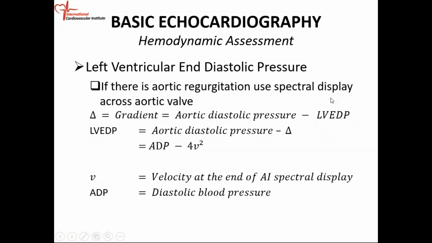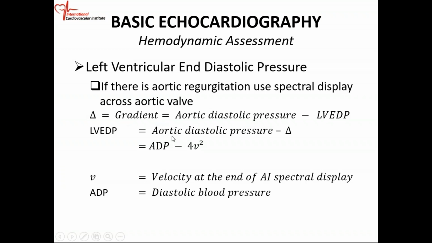Usually, this is what we can measure. This is what we can't measure. So if we rearrange the equation to get the left ventricular end diastolic pressure, it is equal to your aortic diastolic pressure, and the aortic diastolic pressure is the same thing as your diastolic blood pressure.